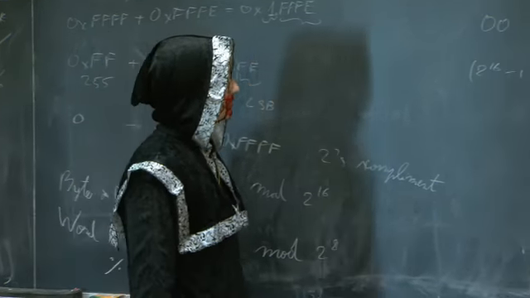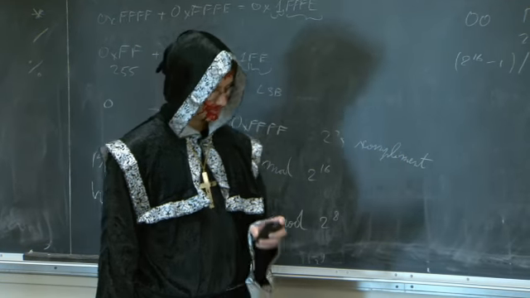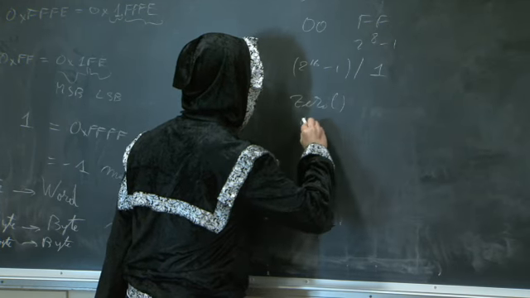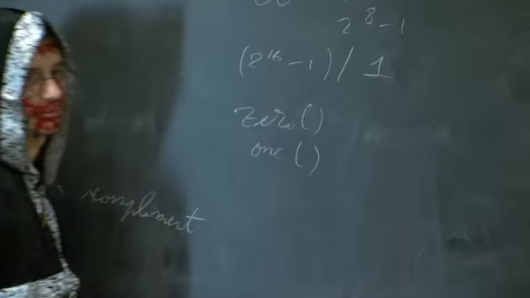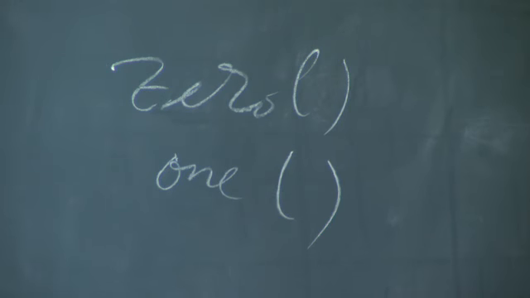So what constants do we have? These are the operations. What constants do we have? Only 2 constants: 0 and 1. What if you want to get something bigger? What if you want to get 2? How do you get 2?